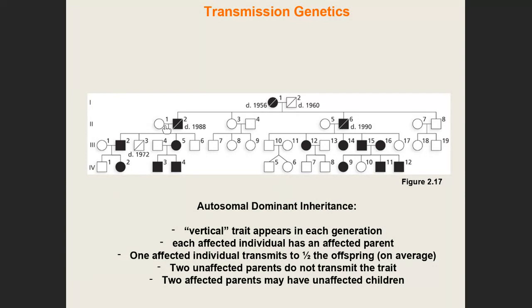It could be hair color, it could be shape of the nose, or it can be anything, it can be a disease too. But you see, I have an affected individual at each generation. And so it's apparent, between quotes, vertical transmission. The trait appears in each generation. Each affected individual has an affected parent.